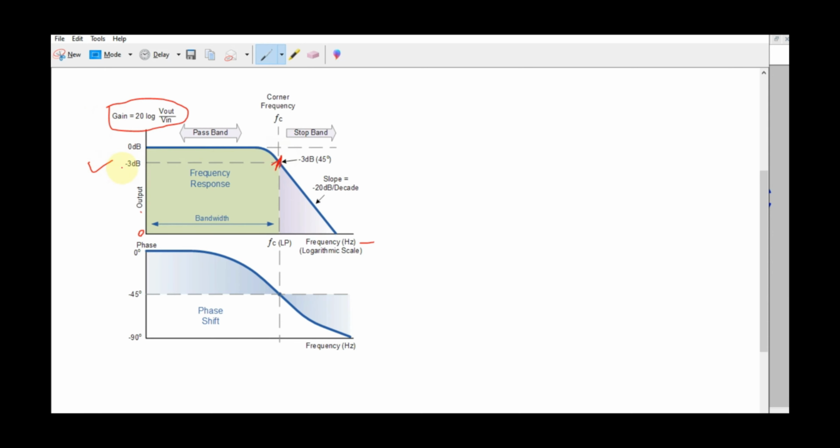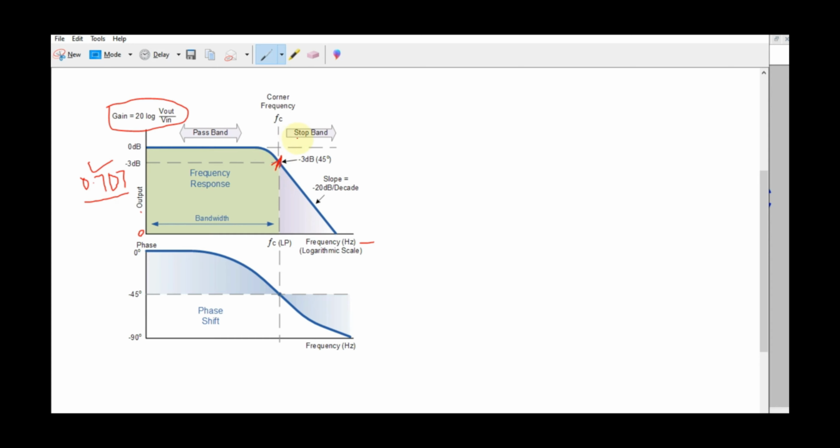That means your output at the minus 3 dB point would be 0.707. You can find out by yourself how this 0.707, or 70.7%, comes about.